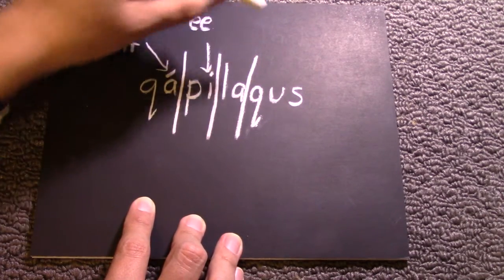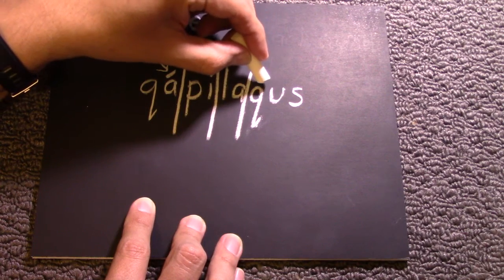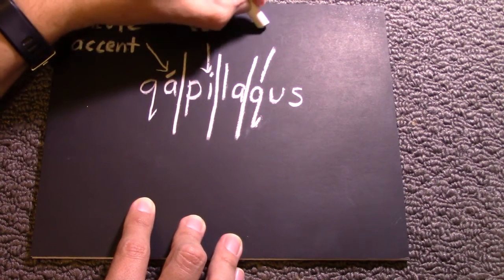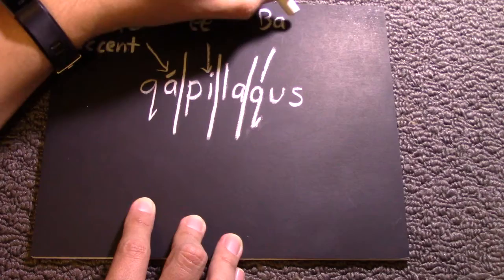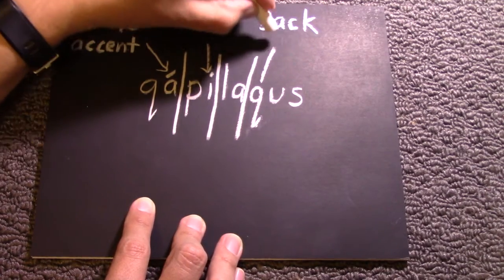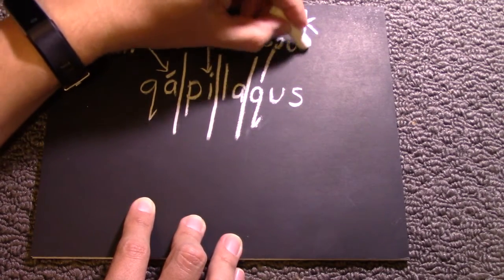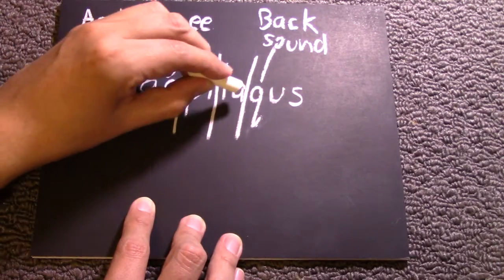We have another Q. Q is what we call a back sound, so it's a deeper sound.